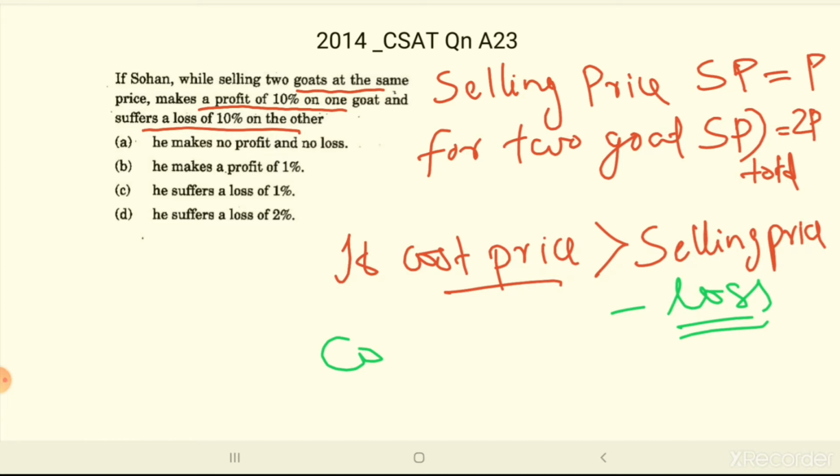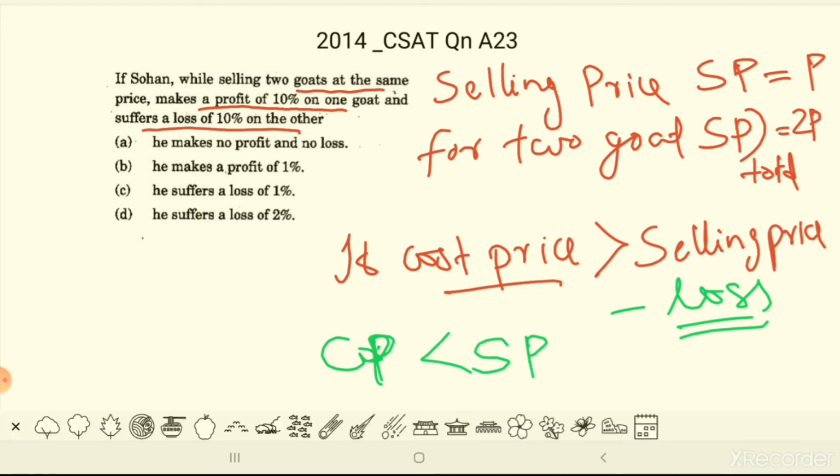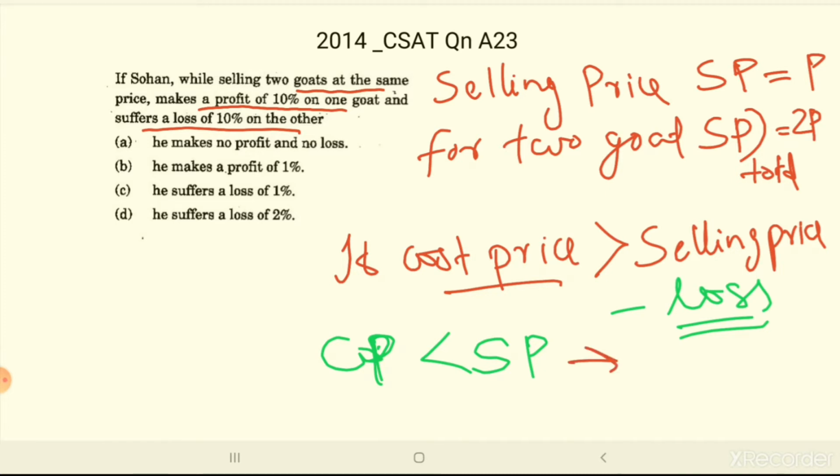Suppose the cost price, that is CP, is less than the selling price. Selling price is more than the cost price. That means he got some gains, made a profit.